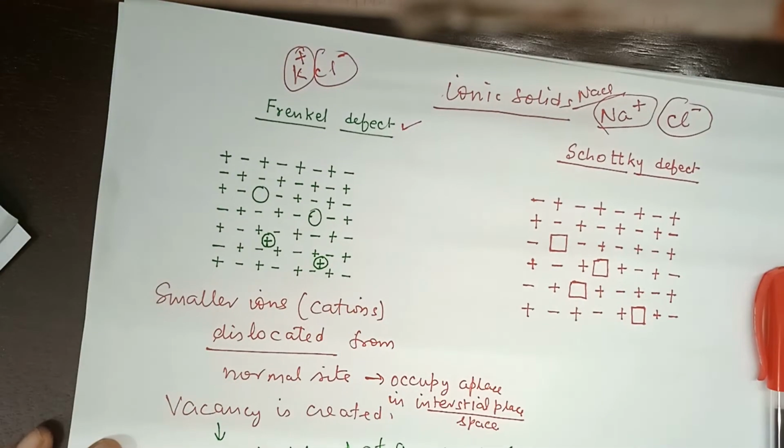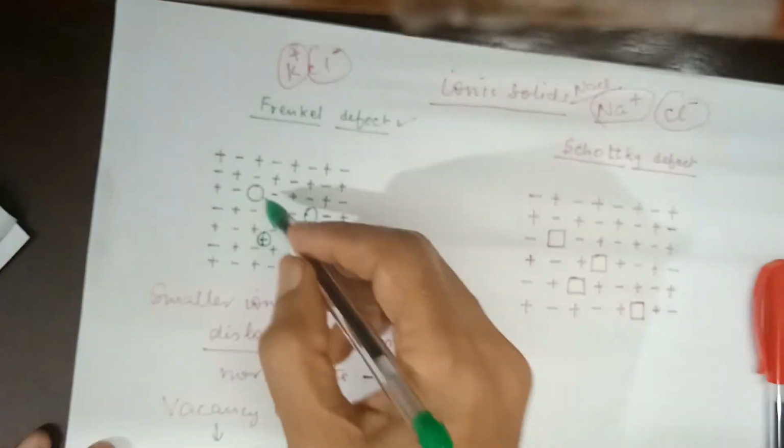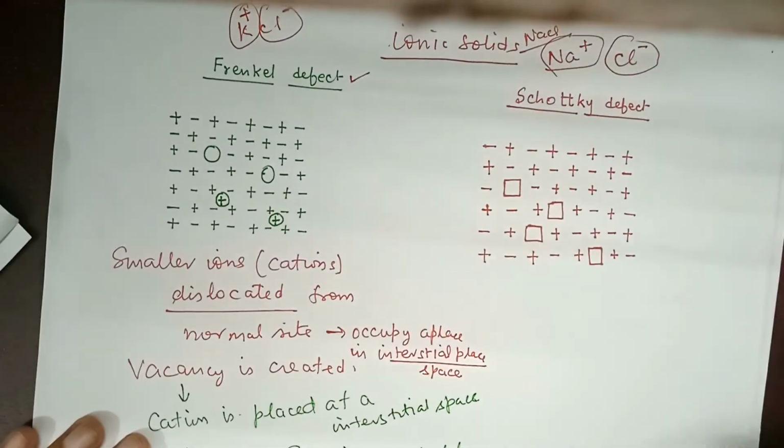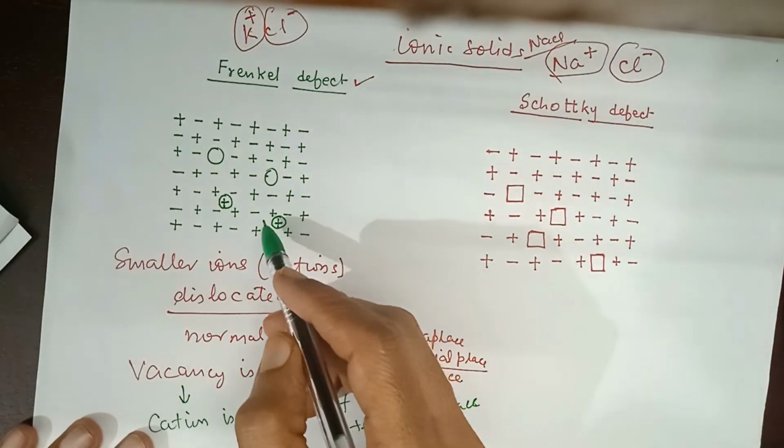The cations which are missing have been placed at an interstitial space.